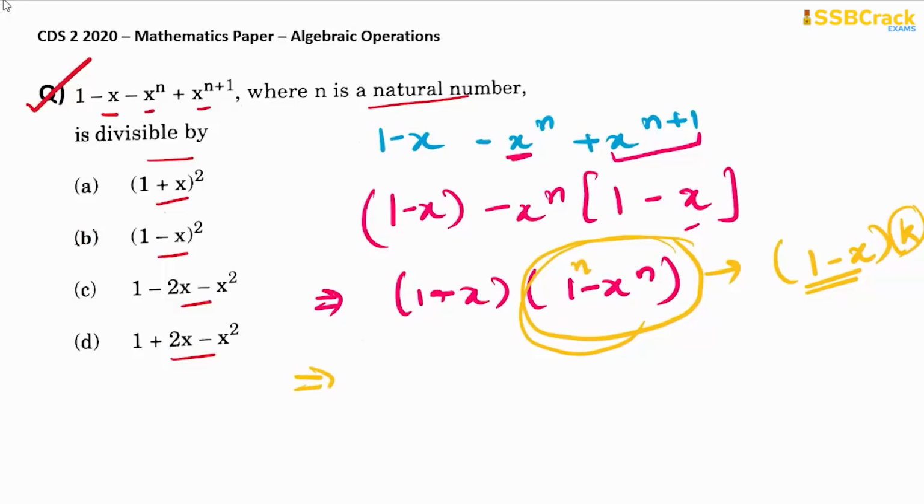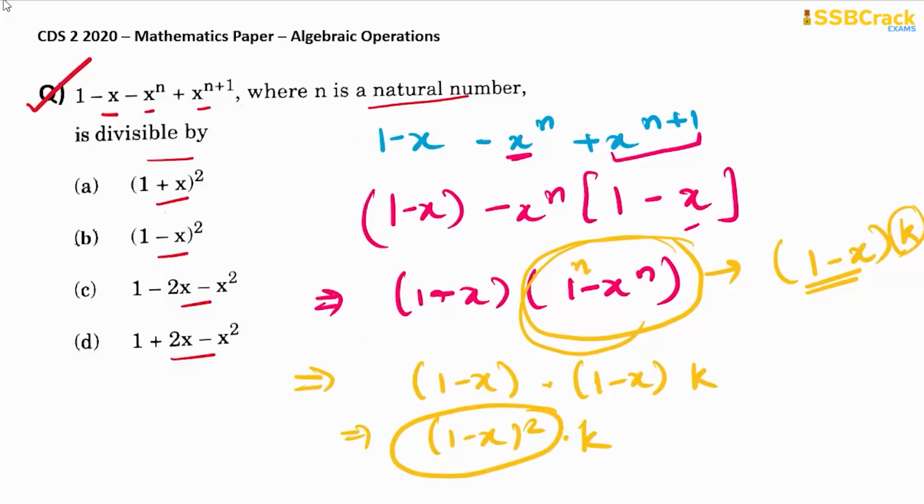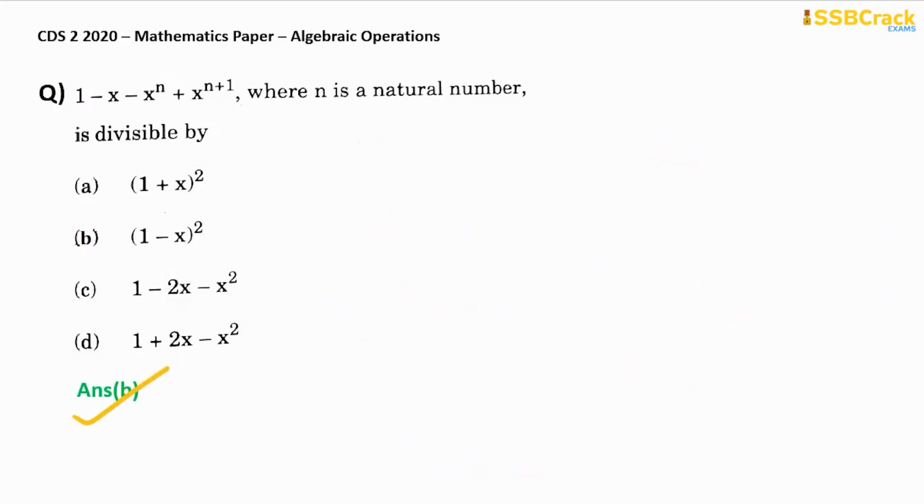So it will be equal to (1 - x) into (1 - x) into k, which is (1 - x)² into k. So we have got (1 - x)² as the factor. This complete term should be divisible by (1 - x)², and it is given in option B. Hence option B should be the correct answer for this question. Let's check. So yes, option B is correct.